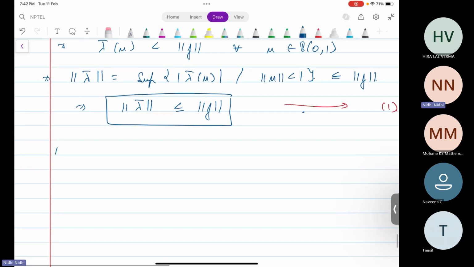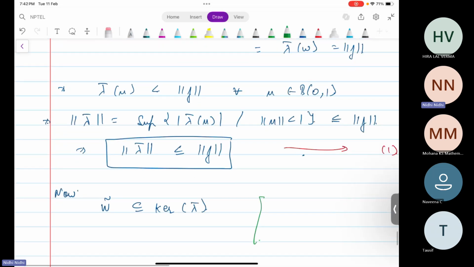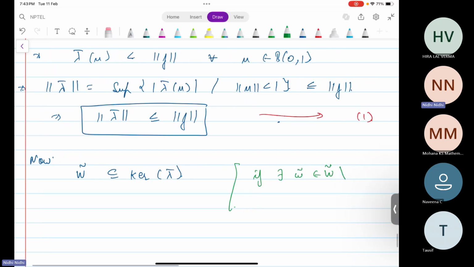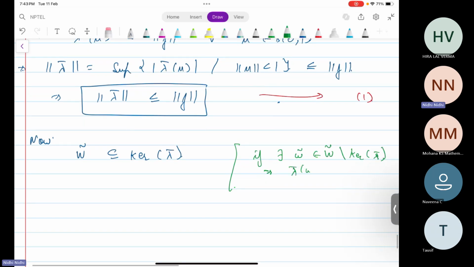Now we have W tilde is a subset of kernel lambda bar. I can say this because suppose there exists some w tilde in W tilde minus kernel lambda bar, that would imply that lambda bar w tilde is non-zero.